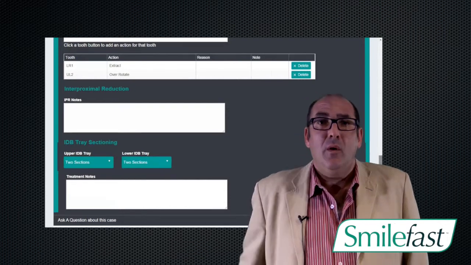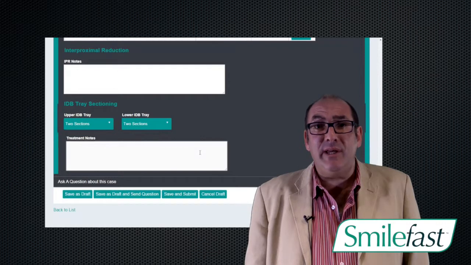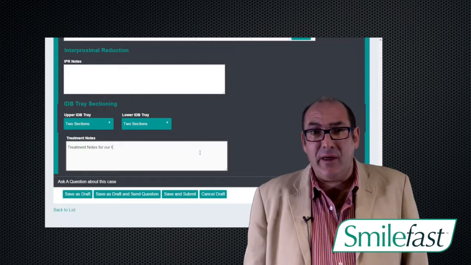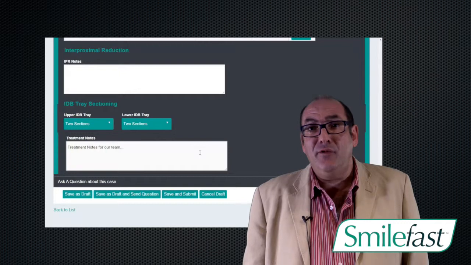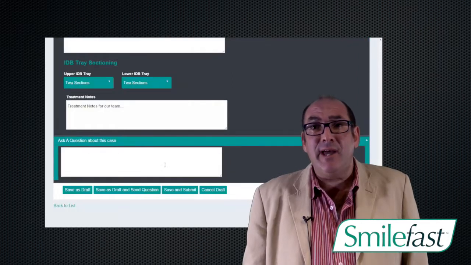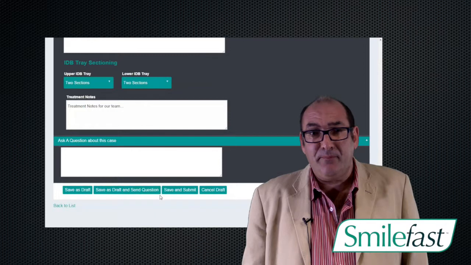Once you've filled out all the areas in our portal for that particular patient, such as the patient details, loaded the patient's photos and all their images, filled out the treatment requirements, then you click at the bottom of the screen, save and submit, and this case will then be directed to us.